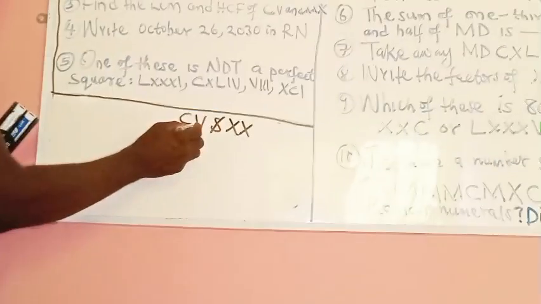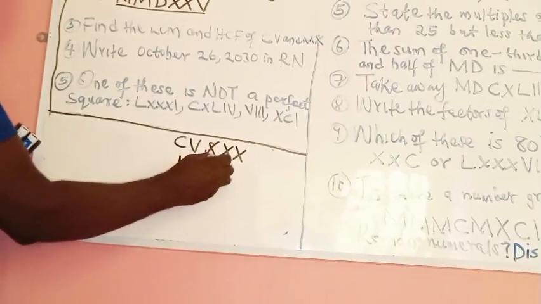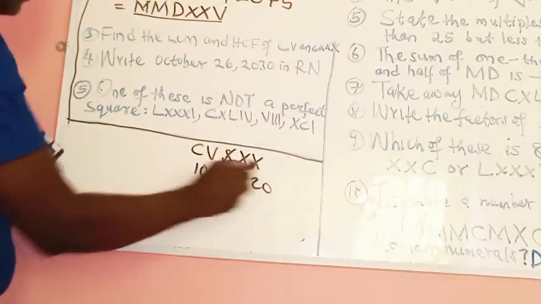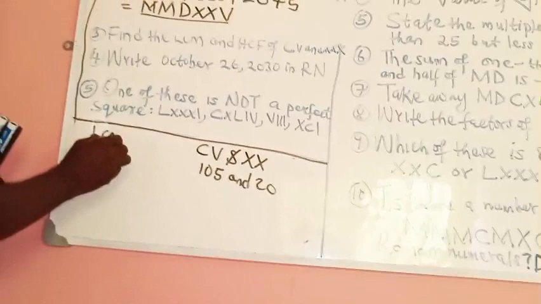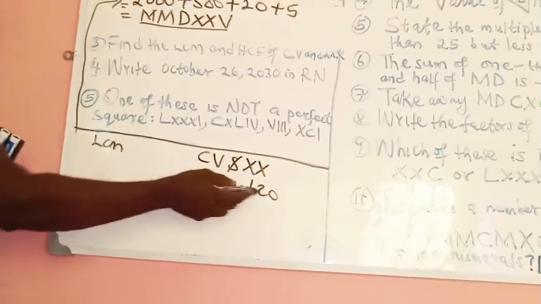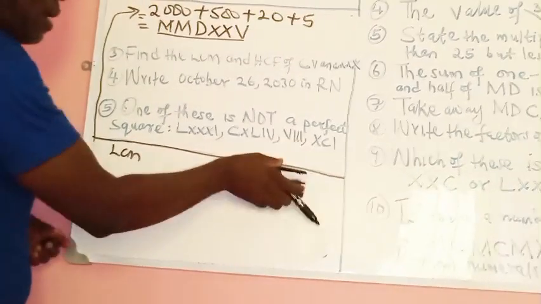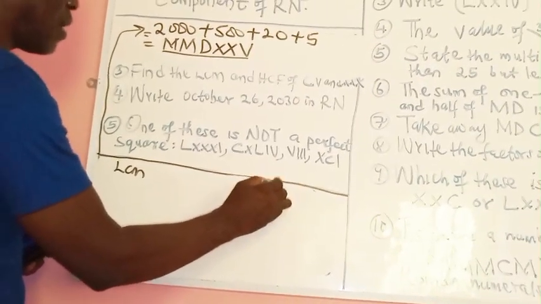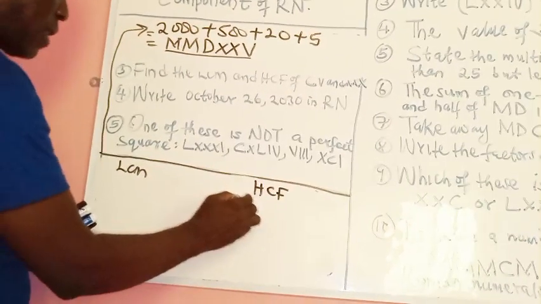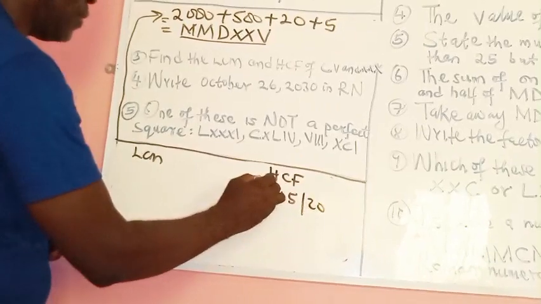This is 105, okay? That's 105. And XX is what? 20. So they are simply asking you to find the LCM and HCF of 105 and 20. So we have converted that. So we have LCM there, we have HCF here, okay? Now we have 105 and 20.